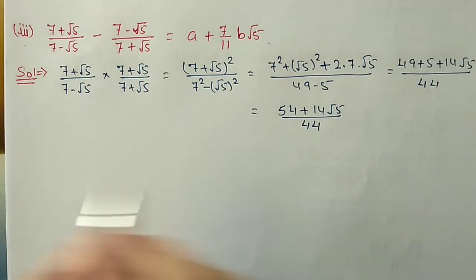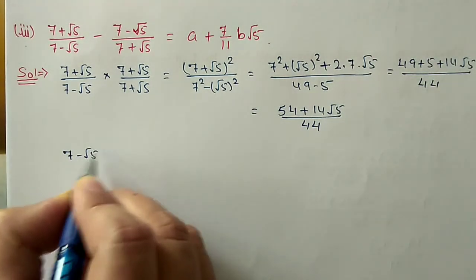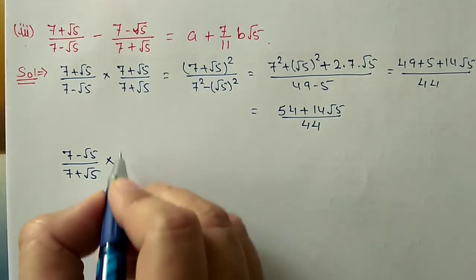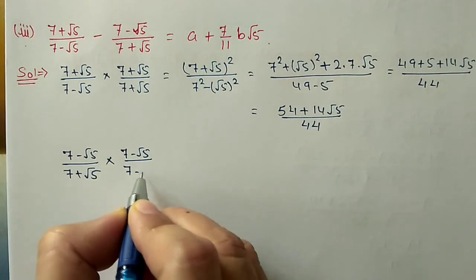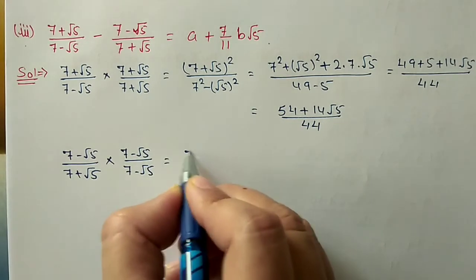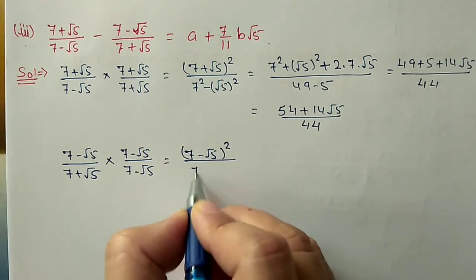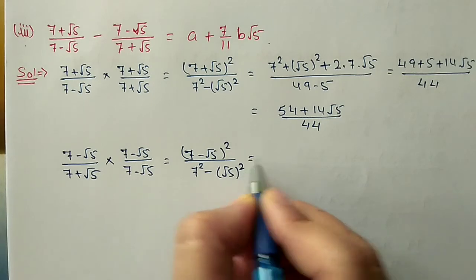So we'll leave it here. Now the next term, 7 minus root 5 divided by 7 plus root 5, we will rationalize. For this we have to multiply with 7 minus root 5 up and down. So in the numerator we will get (7 minus root 5) whole square, and denominator 7 square minus root 5 whole square.